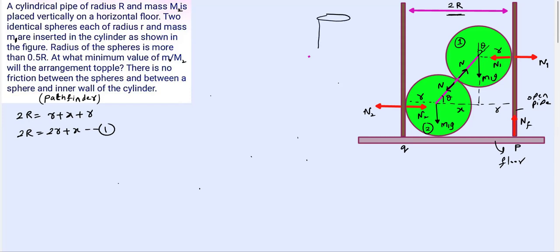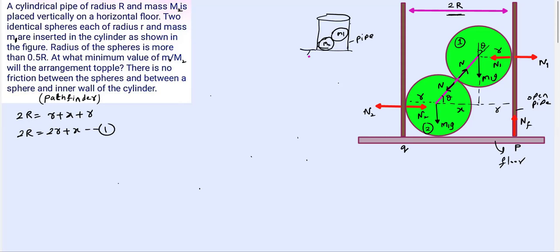Are you getting it now? There's a pipe, and these are the spheres.